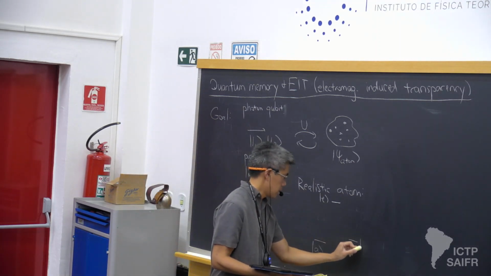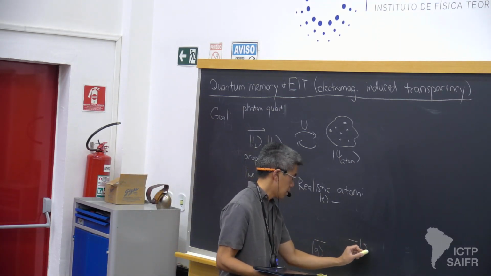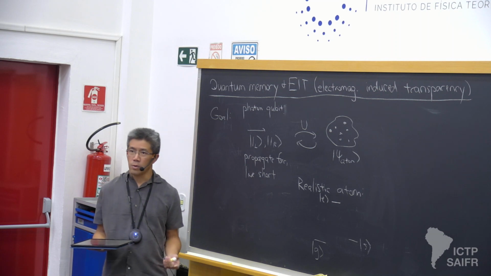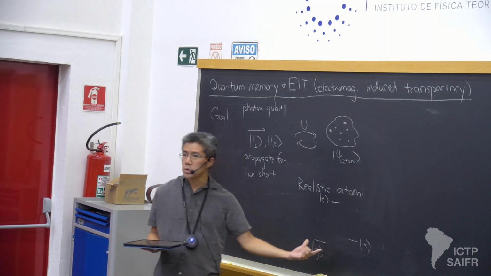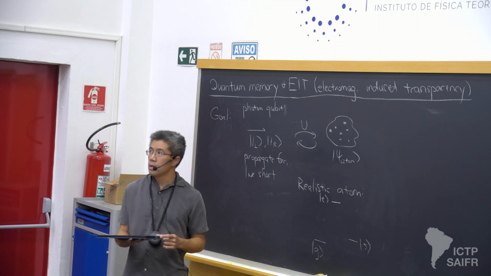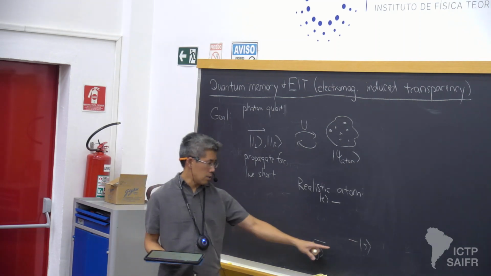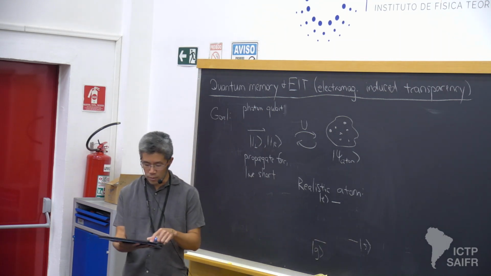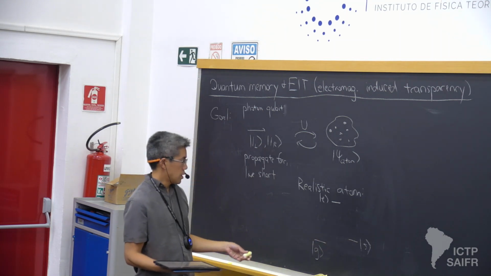But then you might also have a third state, which I'll call S, which also lives in a ground state manifold. So these could be different Zeeman levels of your atom, or different hyperfine levels. So effectively, this state also lives forever. And so then the scheme is the following.